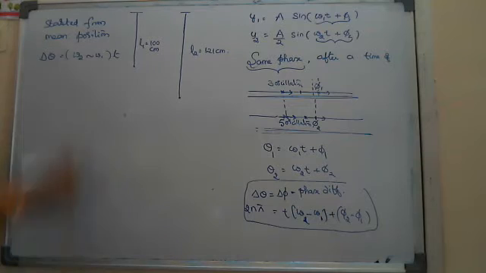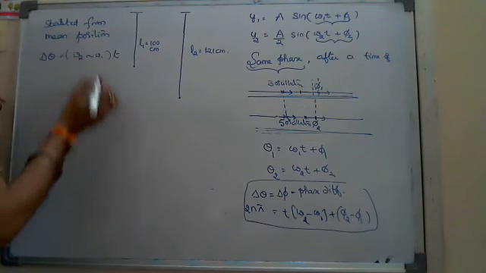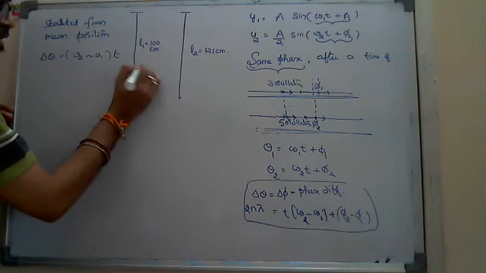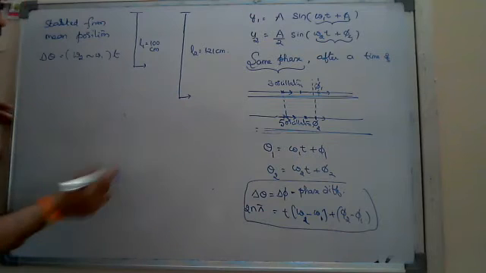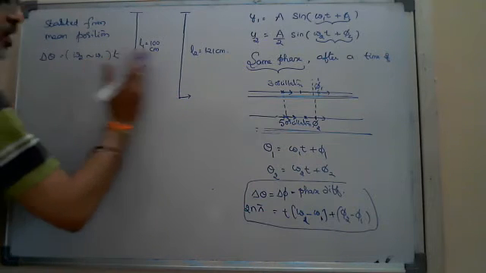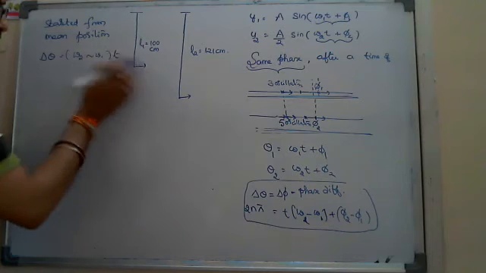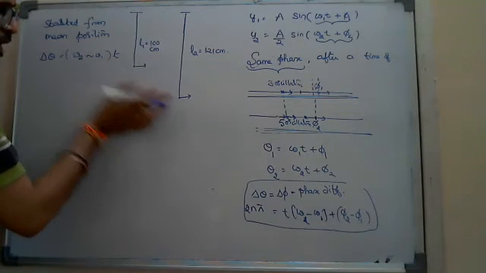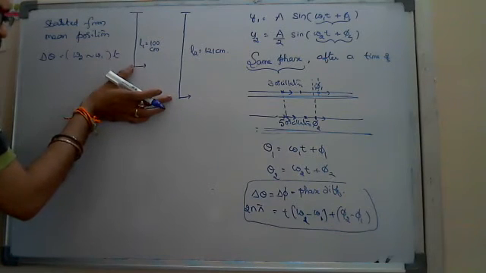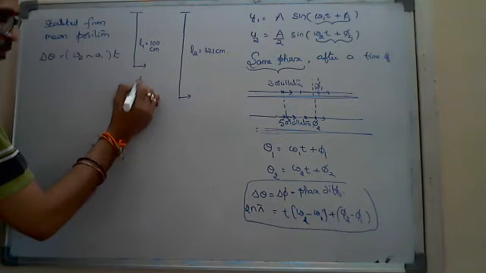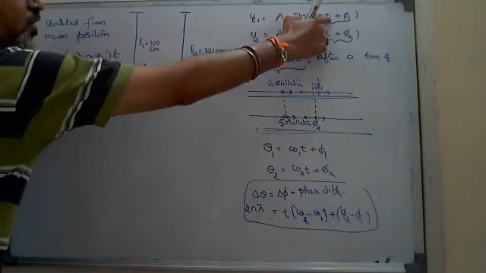Straight away I write, and here both are oscillating in the same direction. Both started their oscillation in the same direction. Since both are started from mean position, the phase difference at t equals 0 is 0.